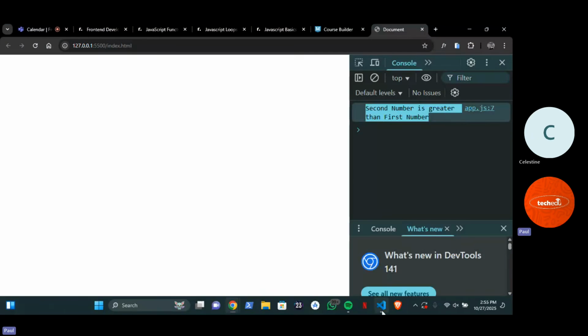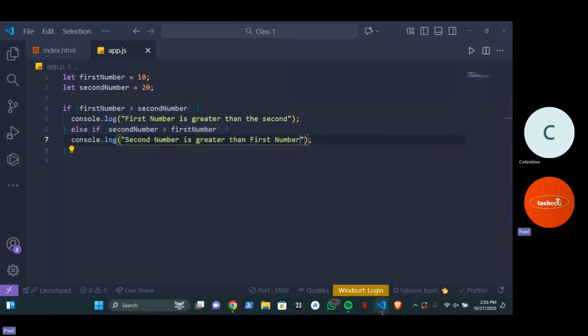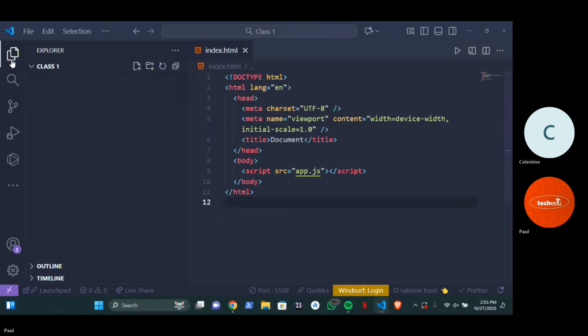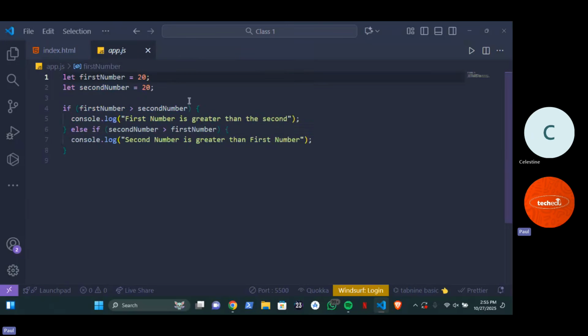Why? Because it has now read the second condition, which is else if the second number is greater than the first number. Now let us imagine that this one is now 20. What will happen? Nothing will happen.